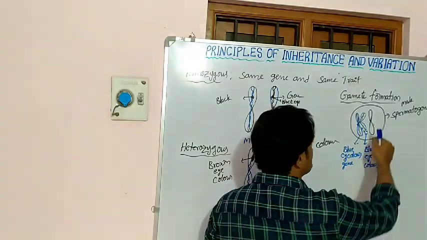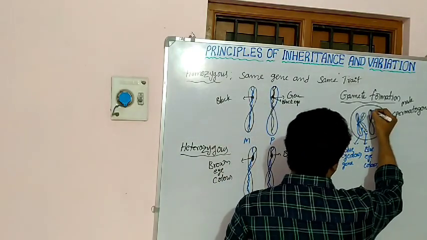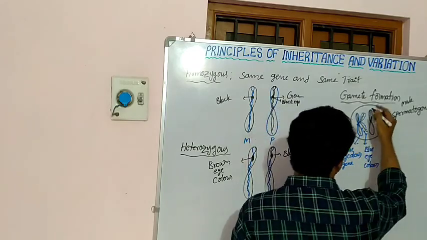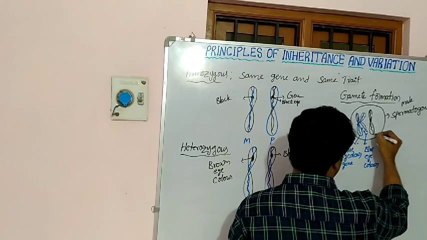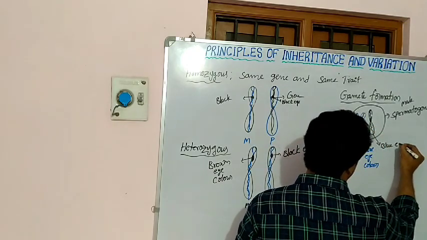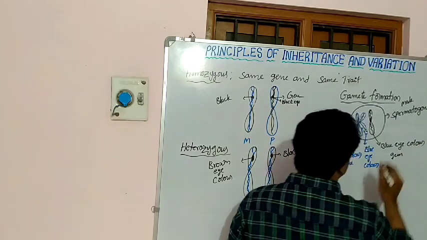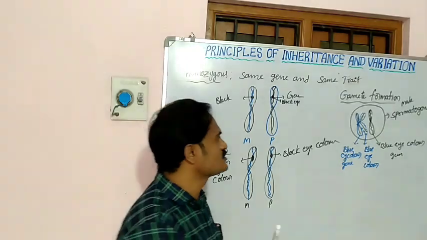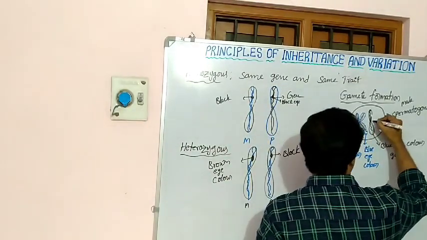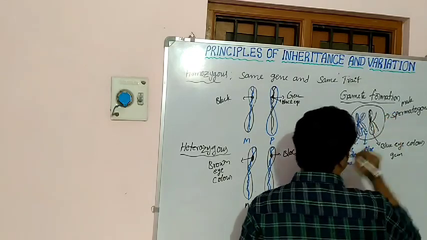Coming to the second type of chromosome. Suppose inside the DNA it consists of a blue eye color gene. When this chromosome also enters cell division, it forms an exact copy of DNA like this.